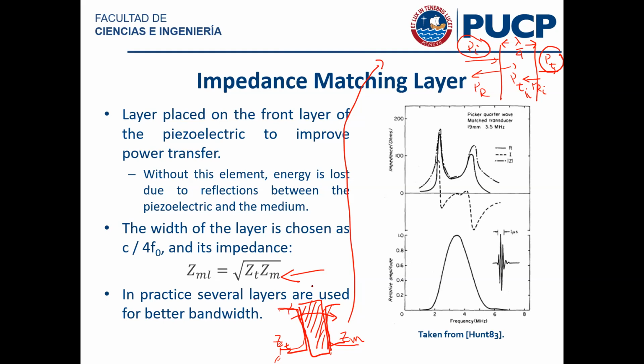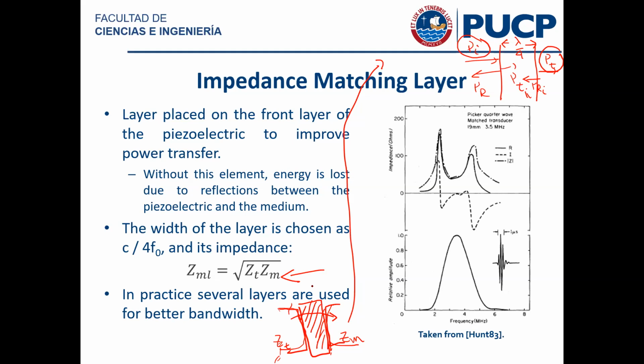So in practice, what you would have is several layers that are used to have a better transmitted bandwidth. Or actually, you will build the layer in a fancier way than just grouping together 1 lambda over 4 layer after another, because that in itself would actually be fairly unpractical after a little while.